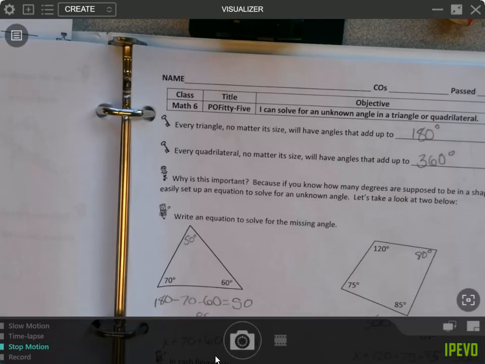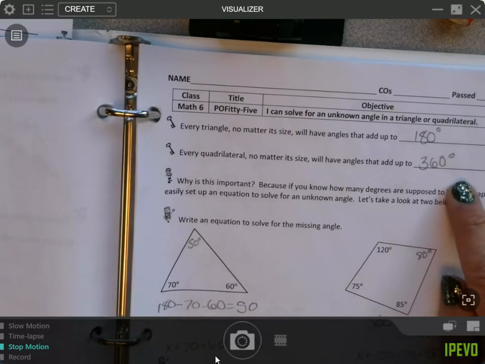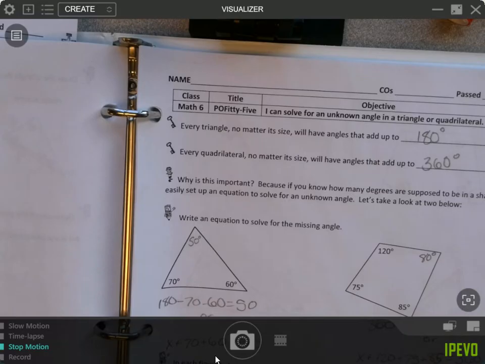So PO55 was I can solve for an unknown angle in a triangle or a quadrilateral. So we know all the angles of the triangle equal 180 degrees. A quadrilateral has 4 sides, and that we can cut in half to make 2 triangles. So it would be 360 degrees.